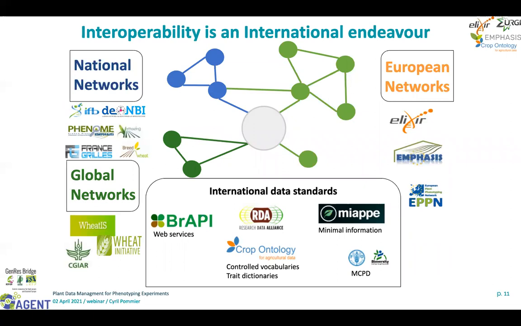In other words, a lot of people are involved in building those standards. They are gathering in European networks, in European infrastructures, Elixir and Emphasis that I just mentioned. And there is an upper level of global networks, such as the CGIARs or the WIT initiative. And all of those groups are building international data standards with the help of the Research Data Alliance.